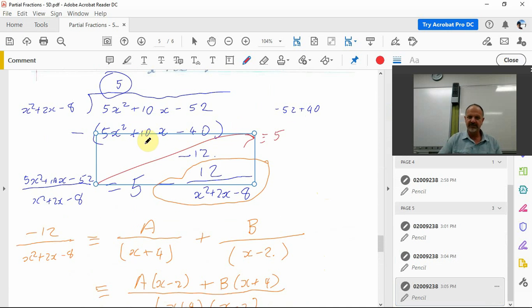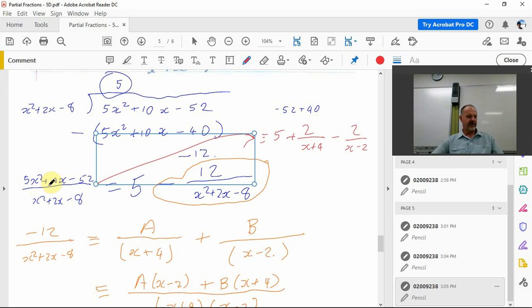So 5 plus 2 over x plus 4. And the B was minus 2. So minus 2 over x, take 2. All right, and so there's the partial fraction version of that there.